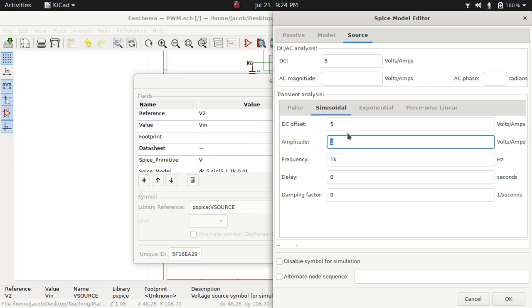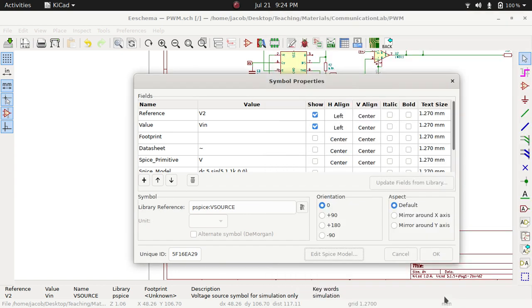This offset plus amplitude satisfies the condition that the modulating signal has to vary in the range of 1/3 VCC to 2/3 VCC. So this entire signal is within 1/3 VCC and 2/3 VCC. So that is how the sources are configured.